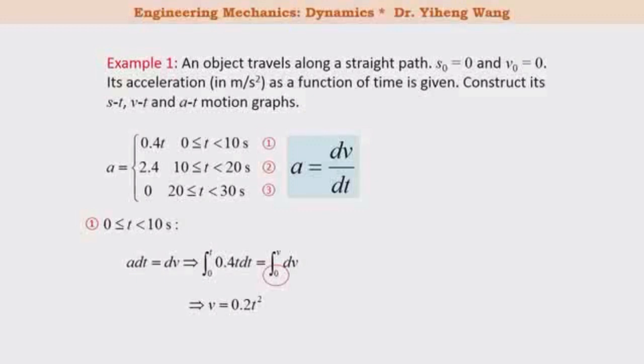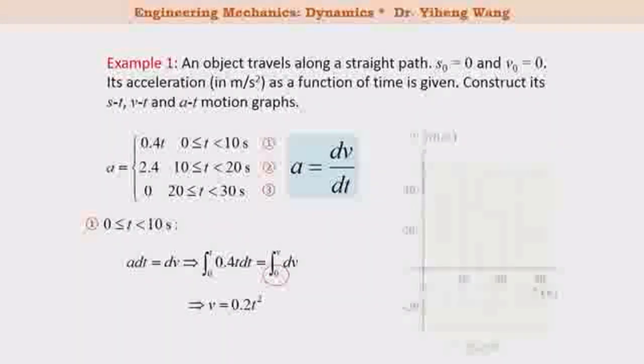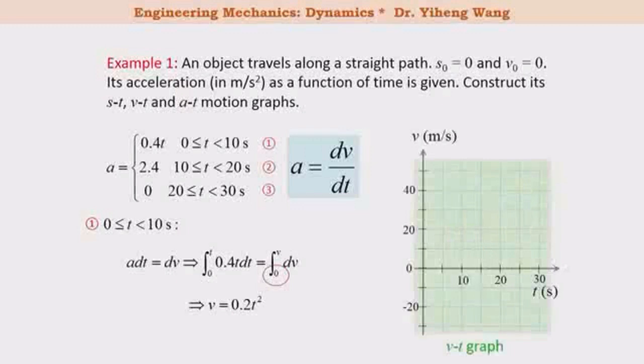It is 0 because this is the given initial condition that initial velocity is 0. So on the vt graph, for the first time period from 0 to 10 seconds, we can sketch this equation v equals 0.2 times t squared. And it is useful to calculate that at the end of this time period, the velocity has increased to 20 meters per second.